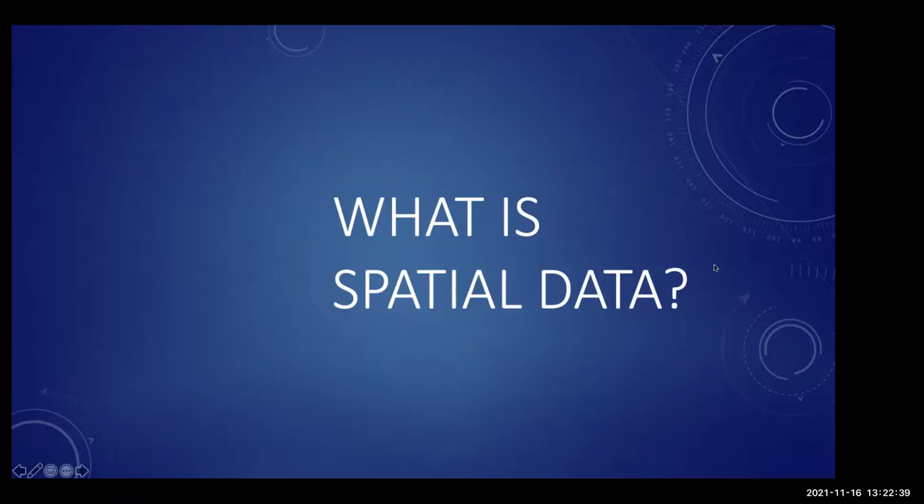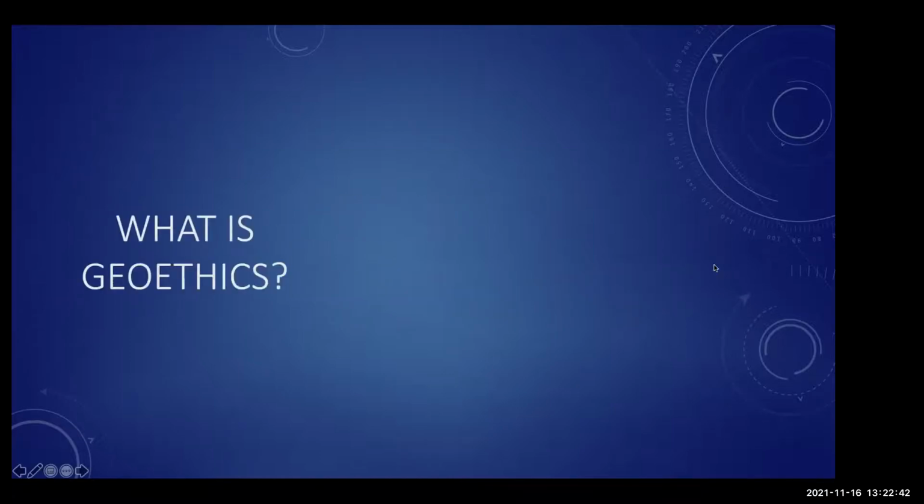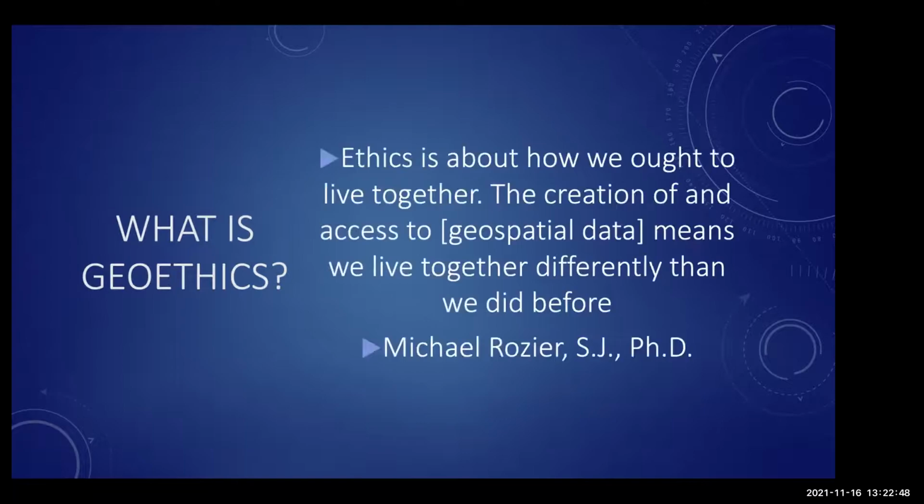Which brings us to geoethics. Thinking about the concept of geoethics can be very abstract, and there are a lot of different ways to think about it. This definition really helped clear it up: geoethics is ethics about how we ought to live together. The creation of and access to geospatial data means we live together differently than we did before.